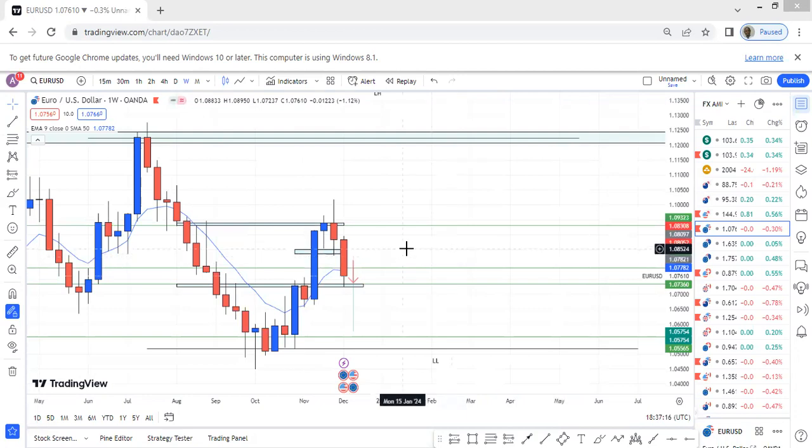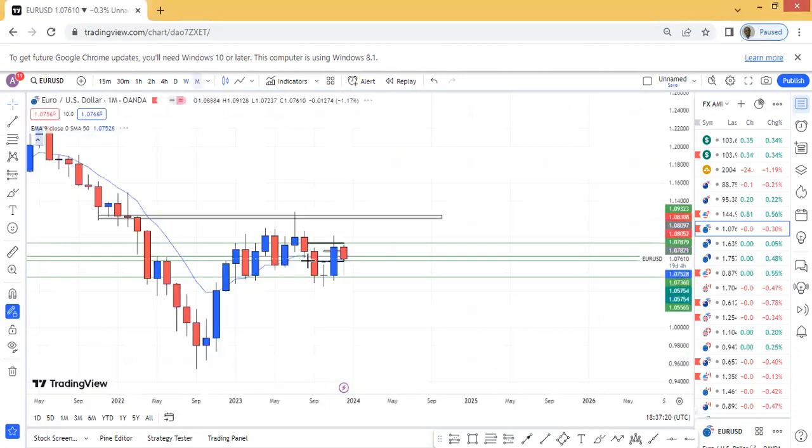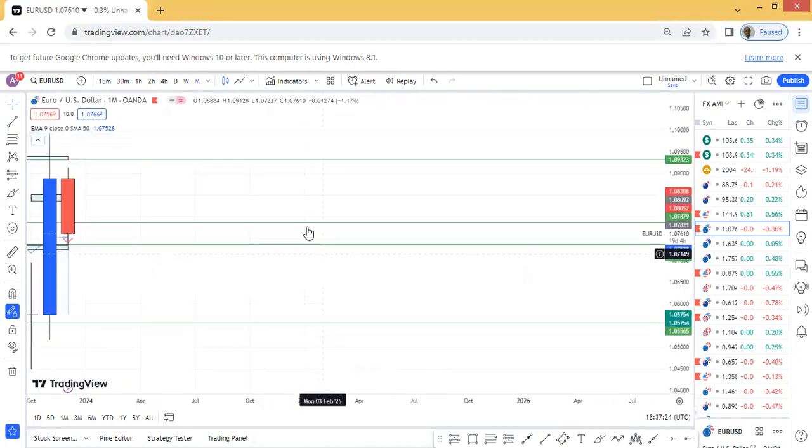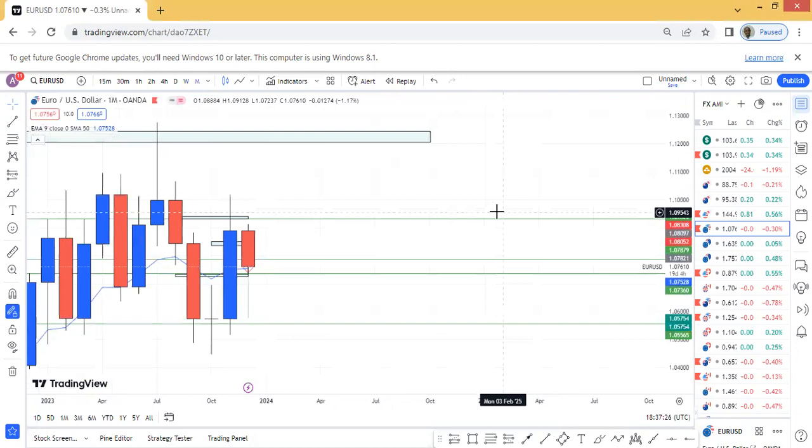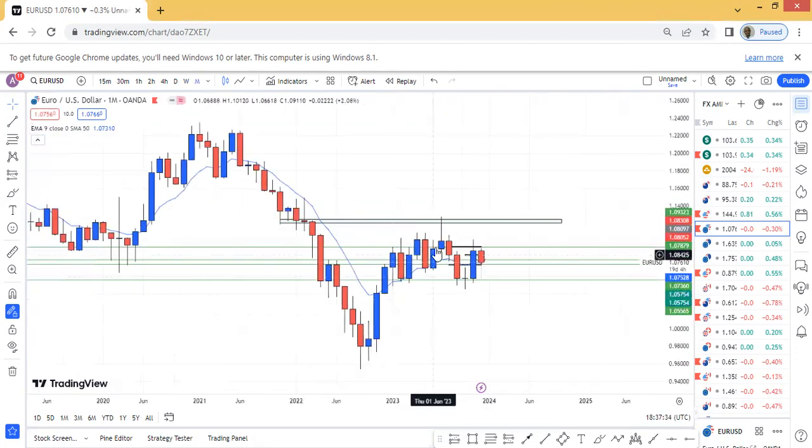I mentioned last week that although the monthly has formed a morning star, the market had retraced to the 61.8 Fibonacci level because on the higher time frame, we are bearish.